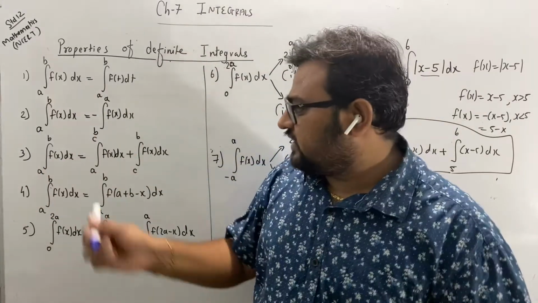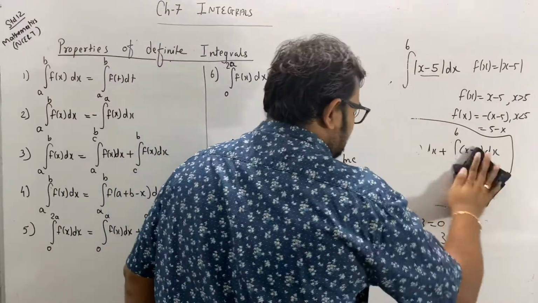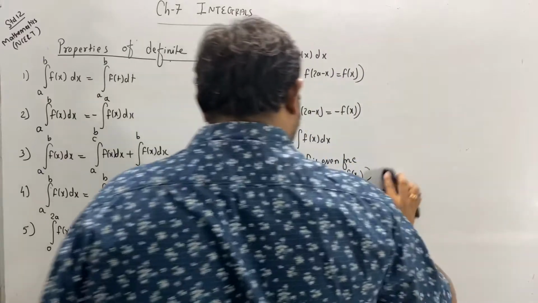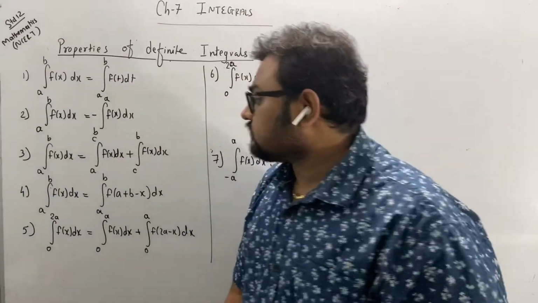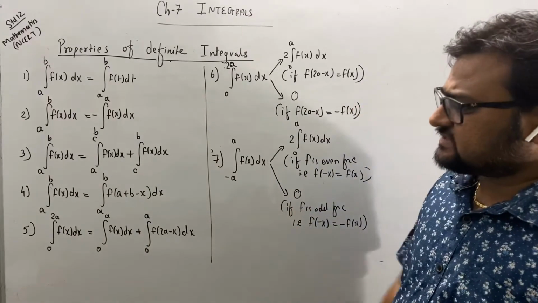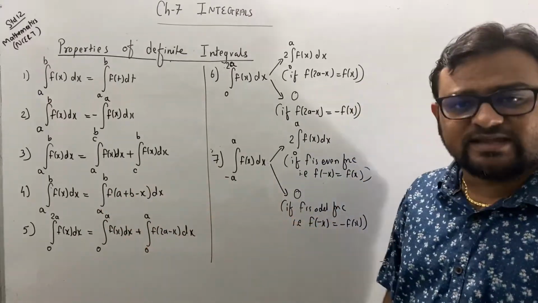Now let's move to the next one. Fourth one: the integral from a to b of f(x) dx is equal to the integral from a to b of f(a plus b minus x) dx.